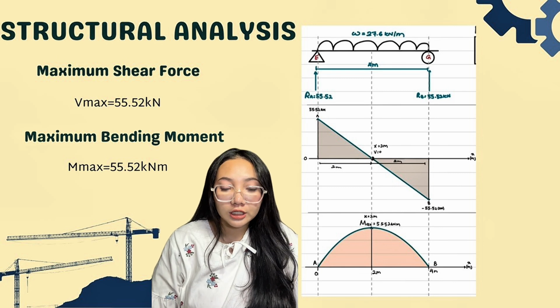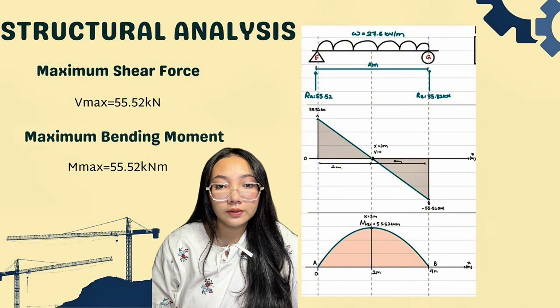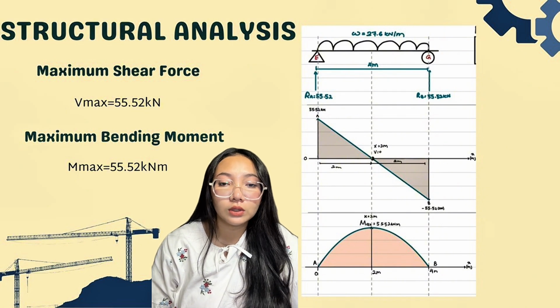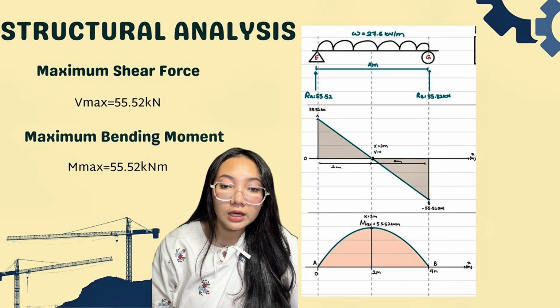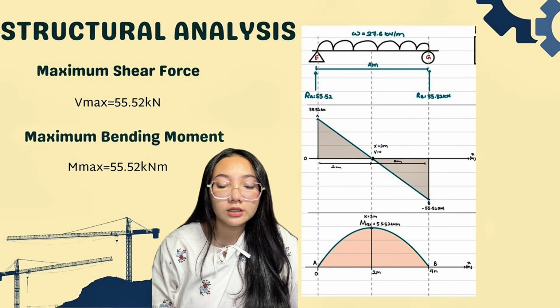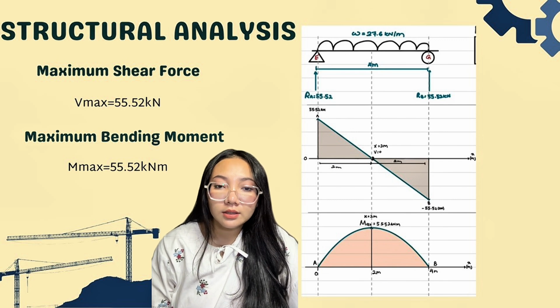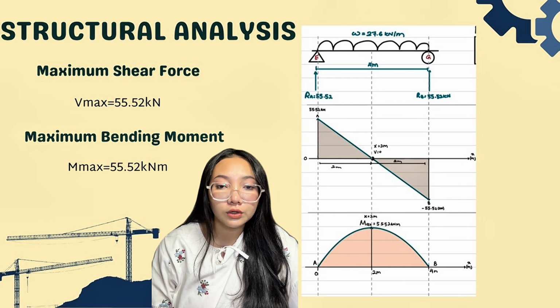Based on the calculation in the diagram shown, the maximum shear force Vmax is 55.52 kN. This value occurs at the support of the structure and represents the highest internal force that could cause a shear failure within the structural section. Next, the maximum bending moment Mmax is 55.52 kNm.